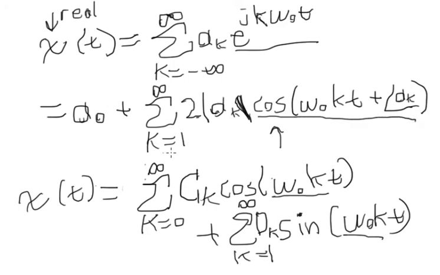And you can sit down and work out what the relationship between the little AKs and the big C and the big D here are. But I just think this kind of form is misleading. I think it's better to think about it in this kind of way. This form is clearly only really usable for real signals. This also generalizes to complex signals readily if you have a reason to do that.